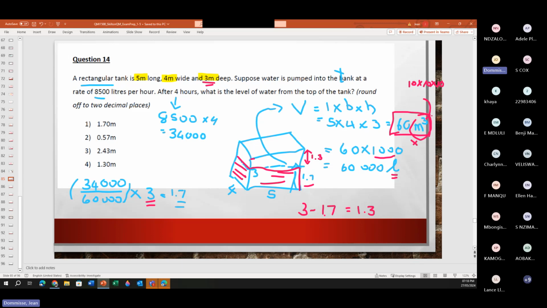So here you needed to work out the tank's whole volume. Then from volume, you needed to go to liters. So that's another step. Then you needed to work out how much water filled in. Then you needed to work out a percentage.